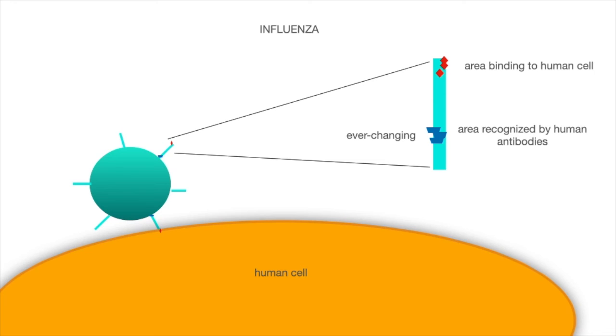So every year, scientists analyze how those blue amino acids have changed in the dominant strains of the virus, and that's what they make the new vaccine out of.